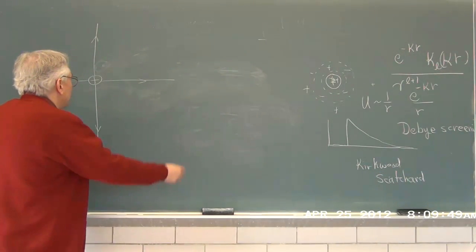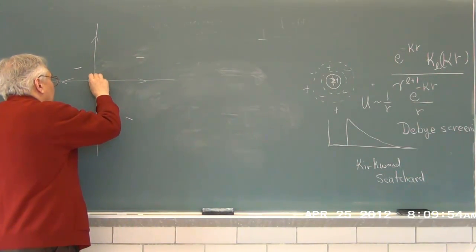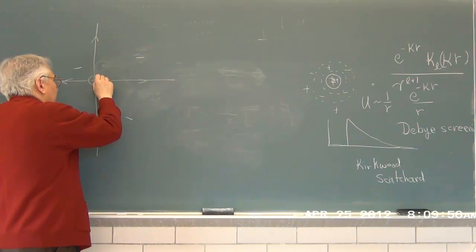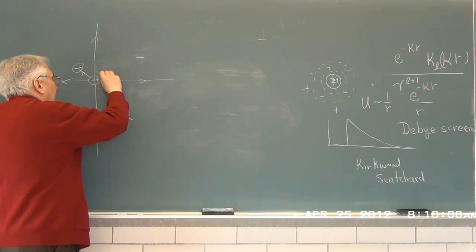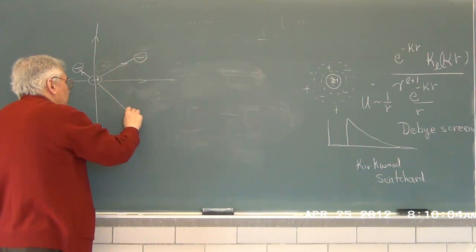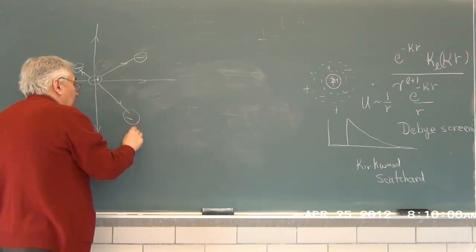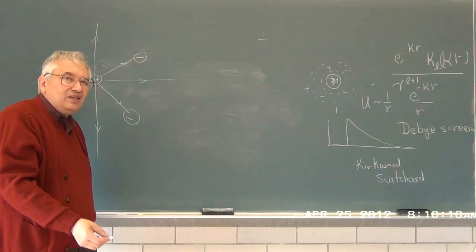However, if you have some negative ions out here, the line flows out from the big positive charge in the center, reaches a negative ion, and comes to a stop because it's swallowed up. Because that's what negative ions do. They act as sinks for the field lines.